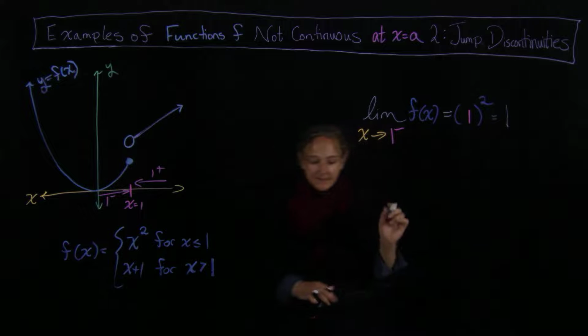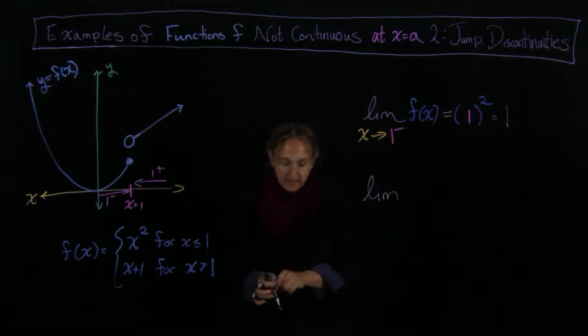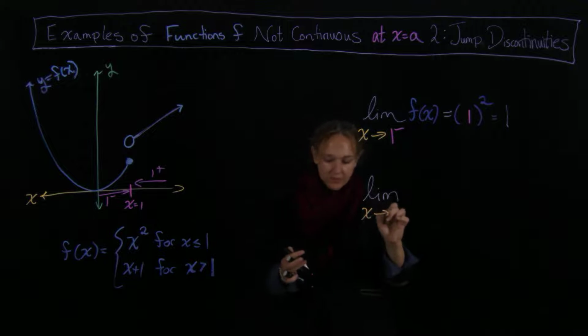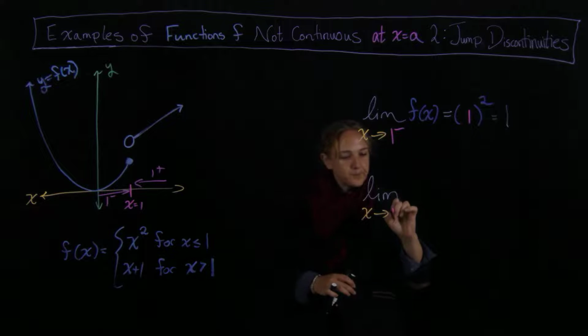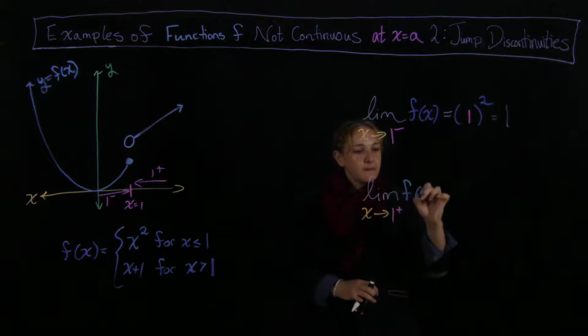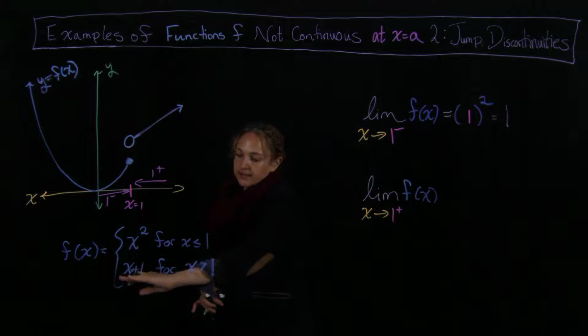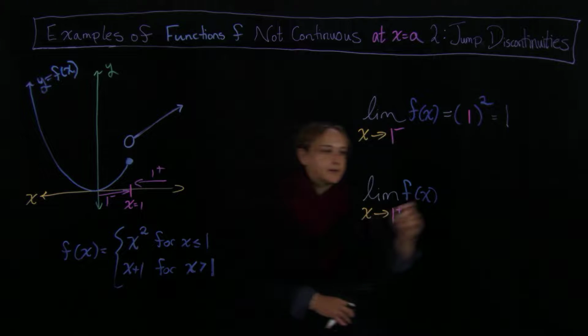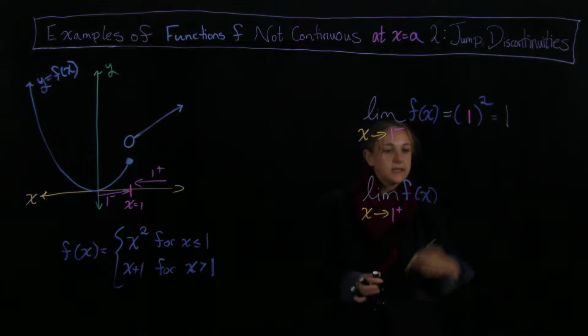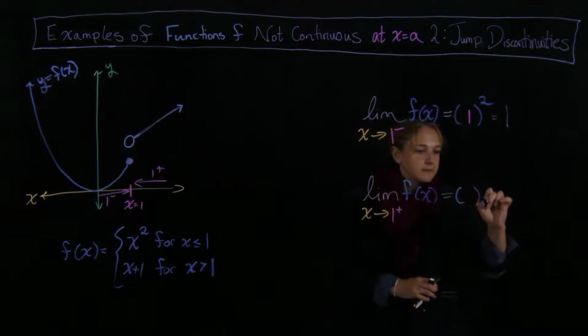Now what happens if I approach from the right-hand side? So the limit as x approaches 1 from the right-hand side of f of x. Well, now I'm taking values that are greater than 1, so I'm looking at the function as being defined by x plus 1. So I just write x plus 1.